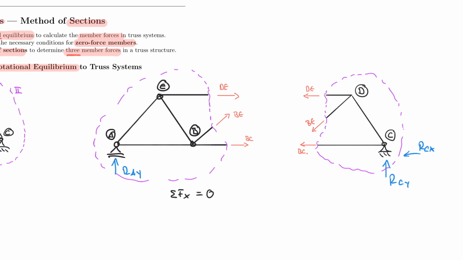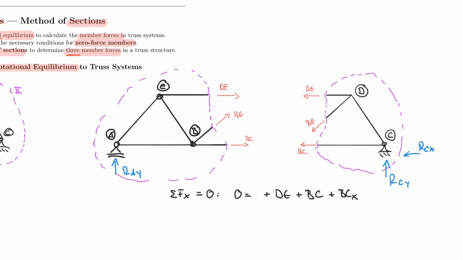The sum of the forces in X is equal to 0, and 0 is equal to plus DE plus BC, but also plus BEX. So we have first DE, BC, and also the X component of BE. We have one equation with 3 unknowns effectively, so that does not really help us as of right now.